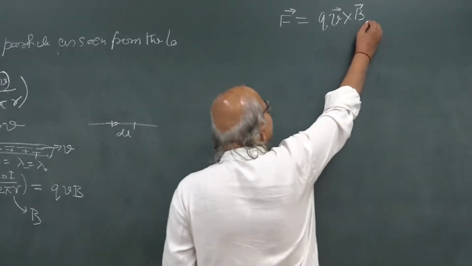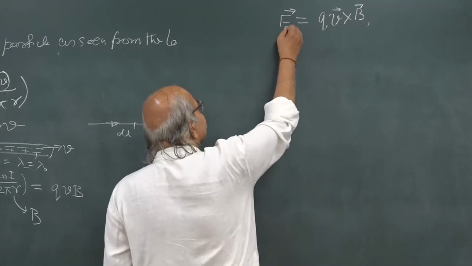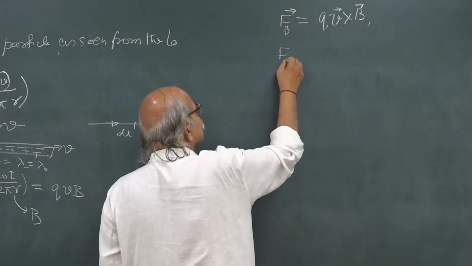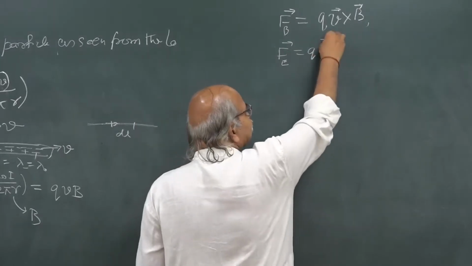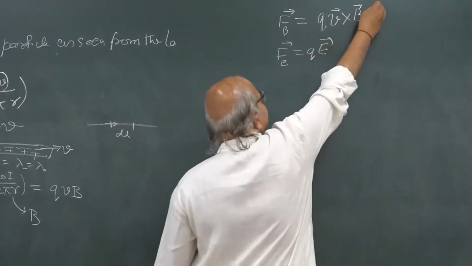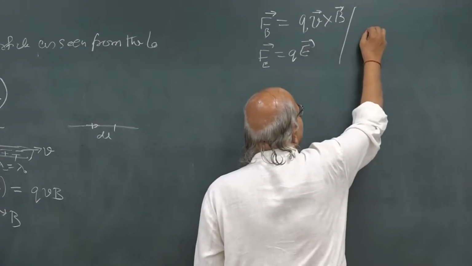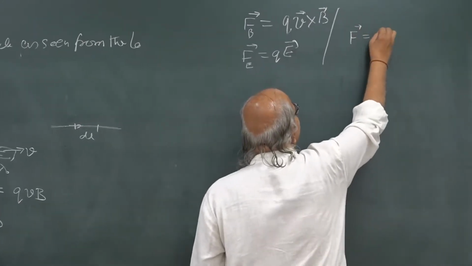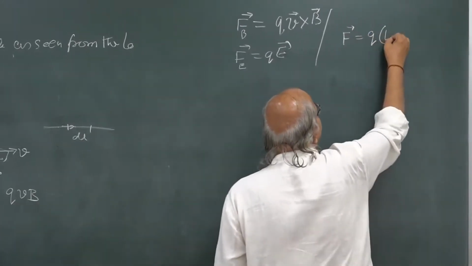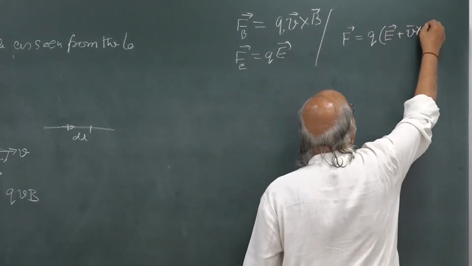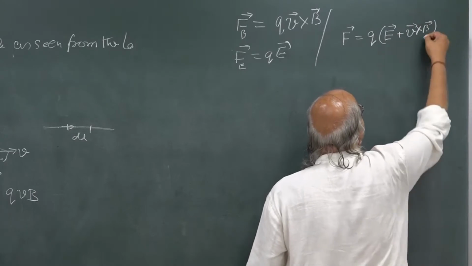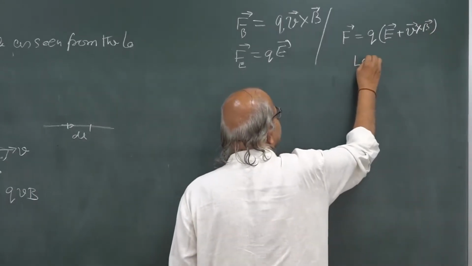The force due to an electric field is q times E, and if both fields are present, electric field as well as magnetic field, then the force is q times E plus v cross B. There is a name for it: it is called the Lorentz force.